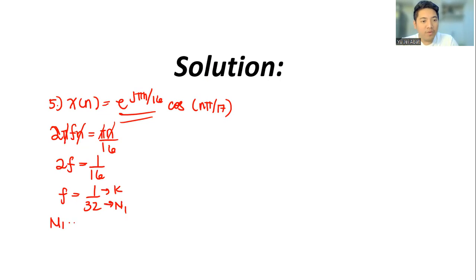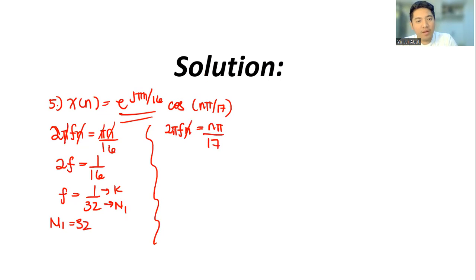So your n1 will be 32. On the other hand, computing the period for the cosine, n pi will cancel both sides. So you have 2f equals 1 all over 17, which is 1 all over 34. This is your k, this is your n sub 2, so n sub 2 is 34.